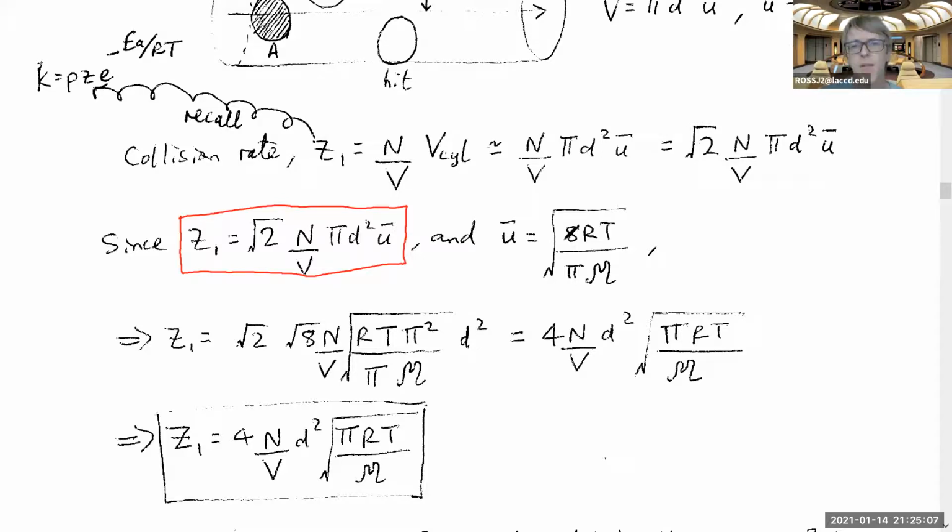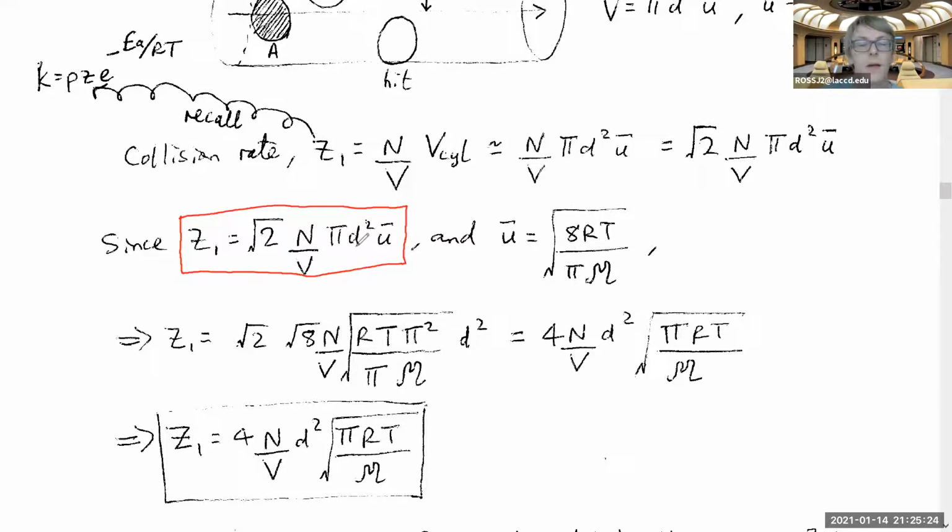And we already said that average velocity was root 8 RT over pi molar mass. Then we can effectively take the root 8 out, and we're left with just RT.